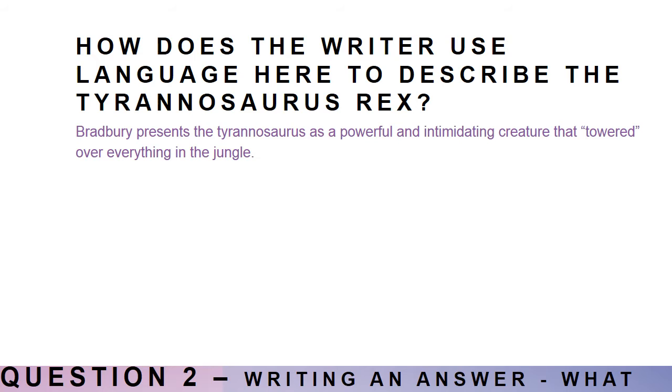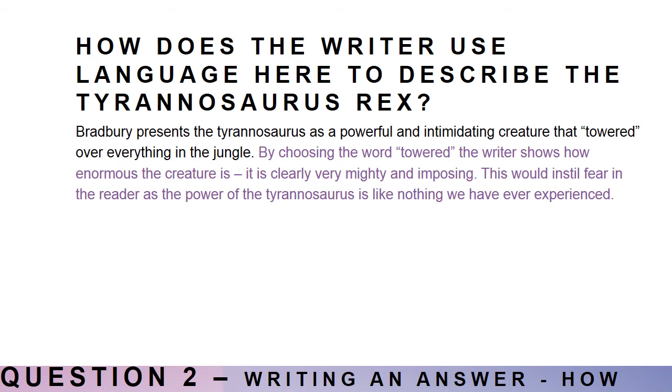From there, I need to think about how this word towered makes the dinosaur seem powerful and intimidating. So I've gone on to say, by choosing the word towered, the writer shows how enormous the creature is. It is clearly very mighty and imposing. This would instill fear in the reader, as the power of the Tyrannosaurus is like nothing we have ever experienced.